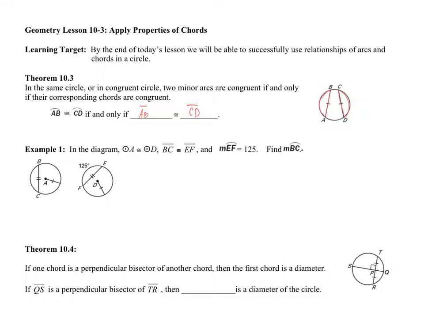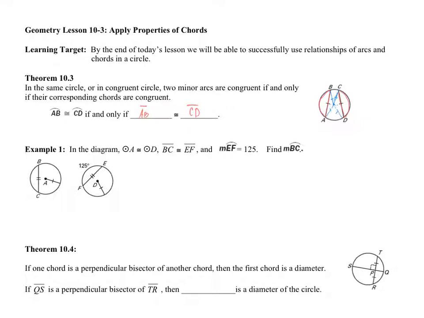And I'm going to quickly describe the proof. So I can draw these imaginary lines to form two congruent triangles by side.